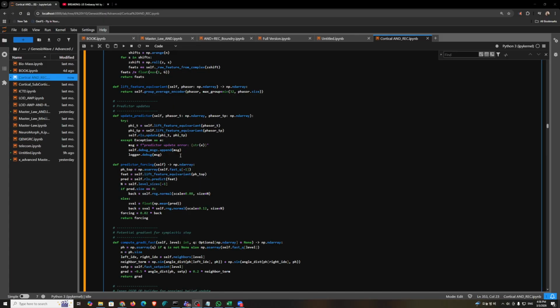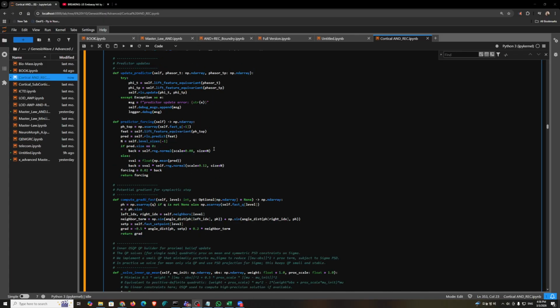So let's talk about those fast dynamics, the local engine down here with this compute gradu fast. The fast cortical-like layers operate on their own local rules. And this compute gradu fast calculates the gradient of potential energy for these oscillating units. Think of it as determining the direction of steepest descent in an energy landscape, but for each independent phasor.